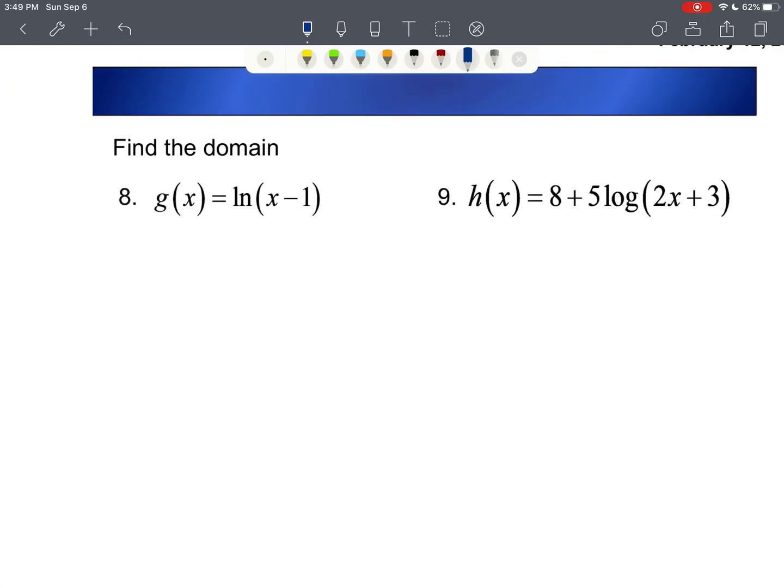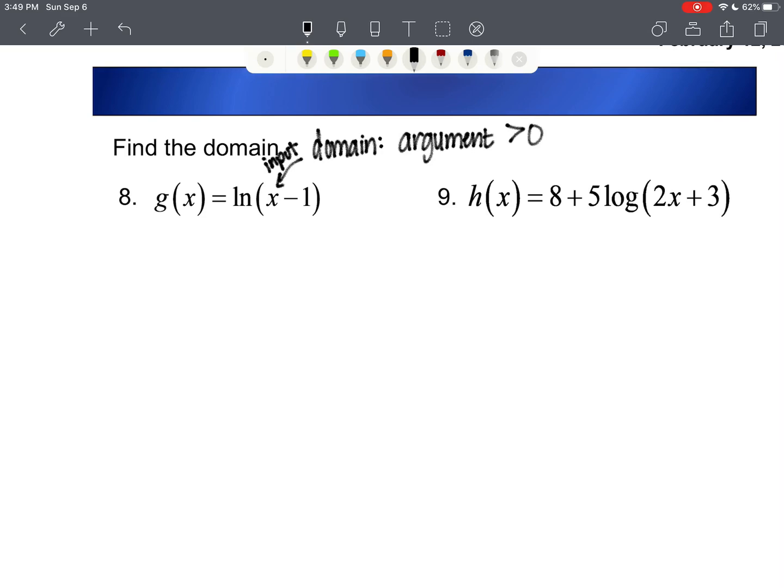Okay, we're going to talk about the domain of log functions. So remember earlier we said the domain of a log function, the domain, that's your inputs, and x is your input, right? That's your input right there. So if x is your input, the domain says that the argument has to be greater than 0.